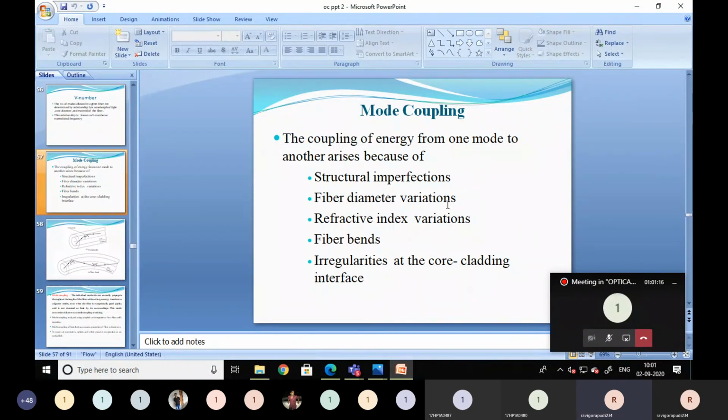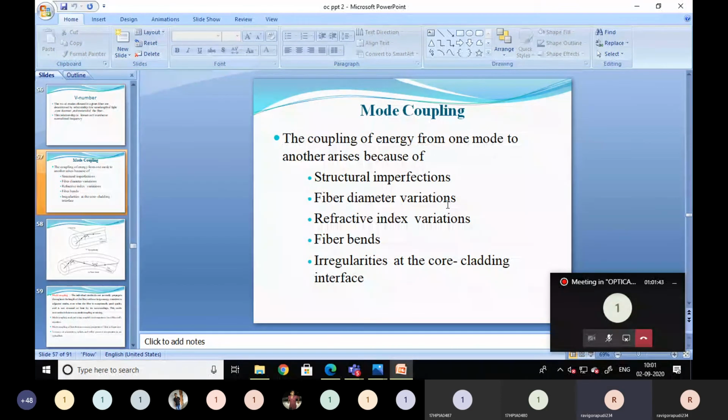If the fiber diameter varies with respect to distance, that is called fiber diameter variation. Next, refractive index variation. We know that the refractive index of the core is N1, cladding is N2. If those change with respect to fiber length or distance, that also causes mode coupling.